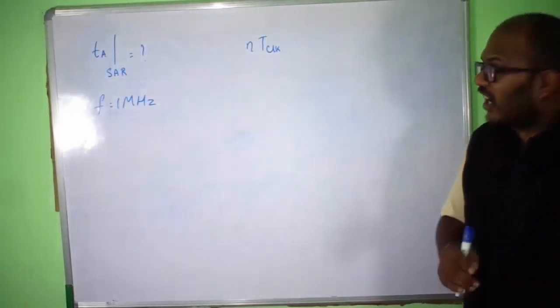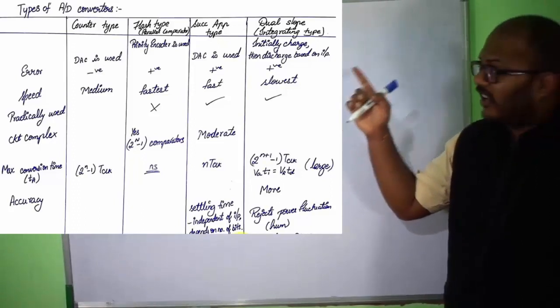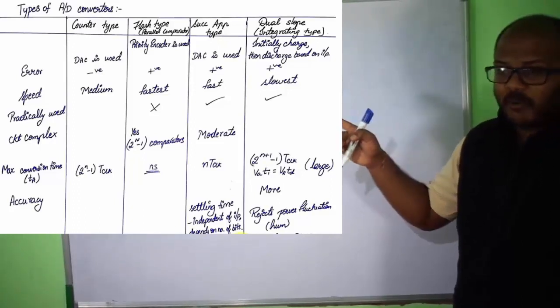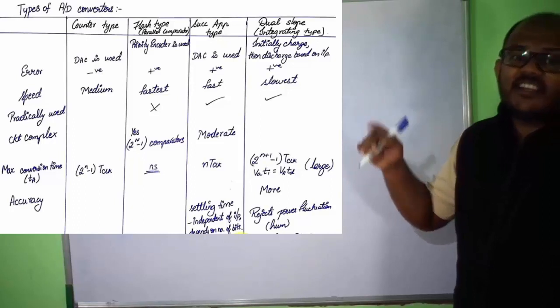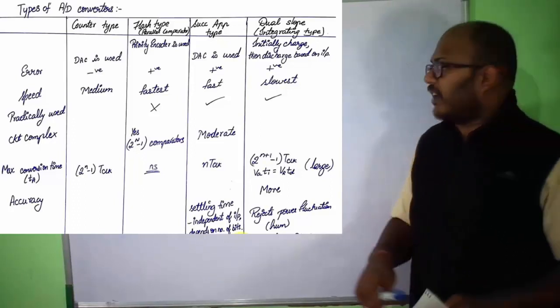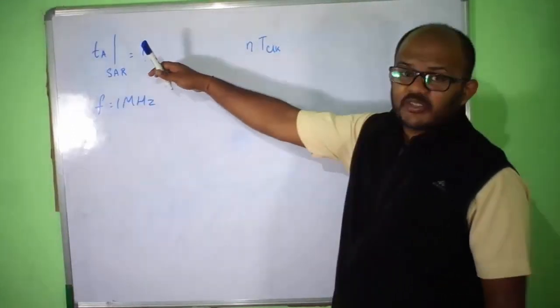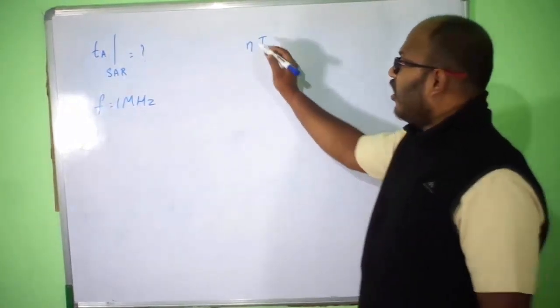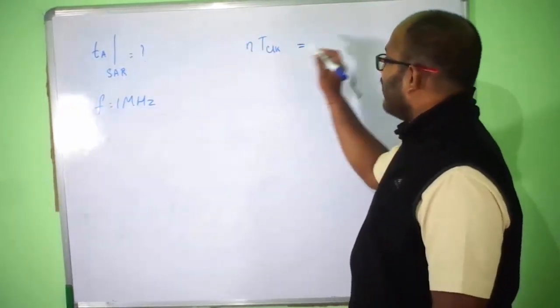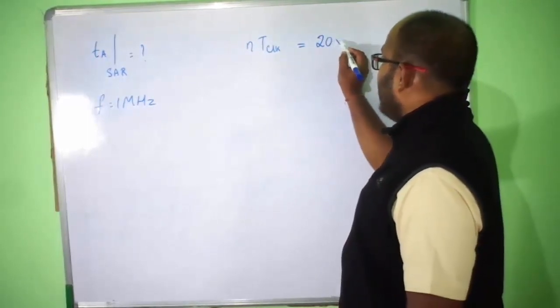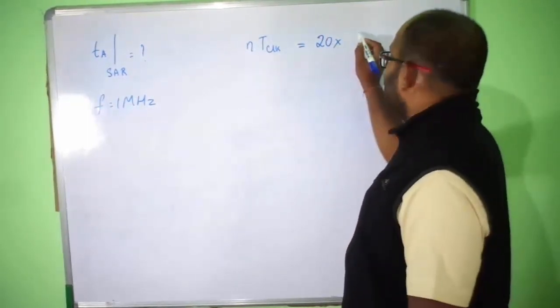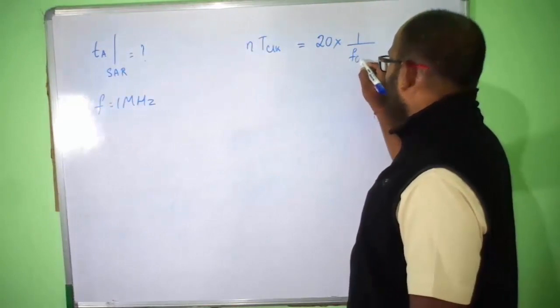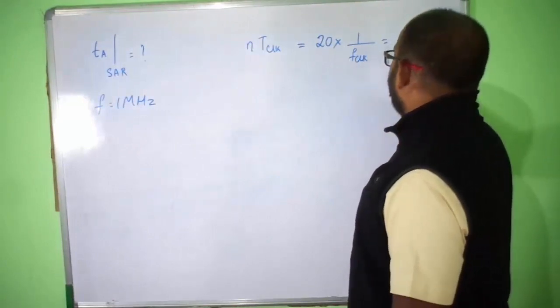Now, we have to know the conversion time of counter type, flash type, successive approximation register type, as well as dual slope or integrating type. In the case of successive approximation register type, the conversion time is n times t clock. What is n? The value of n is 20, into t clock, which is 1 divided by f clock, nothing but the operating frequency.